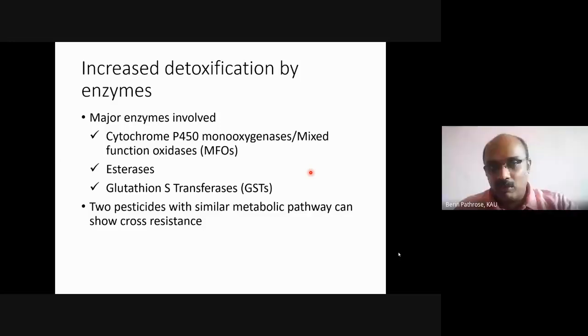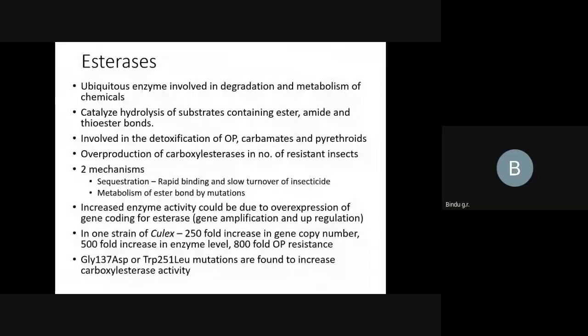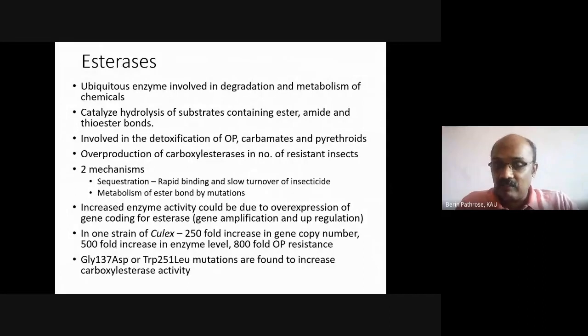Now let's see one by one. First, we will see esterases. That's the one which we are discussing. It's a ubiquitous enzyme. What's the dictionary meaning of ubiquitous? Present everywhere. Yes, present everywhere. It is present in all organisms, and it is involved in the degradation and metabolism of chemicals.